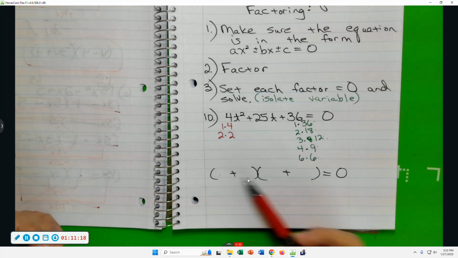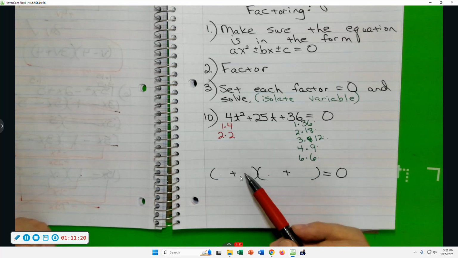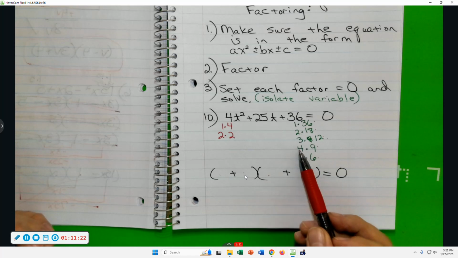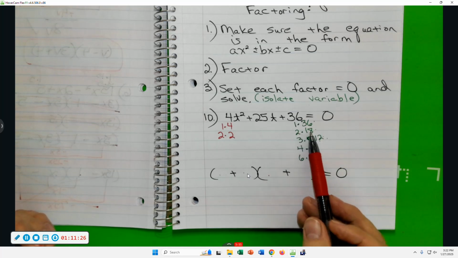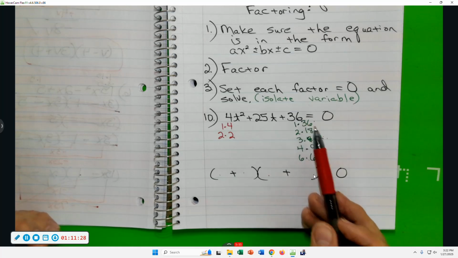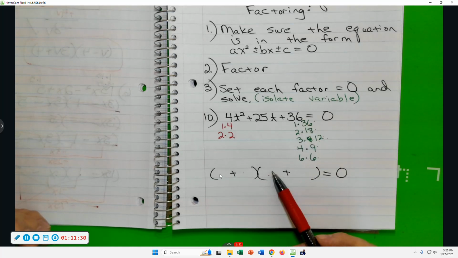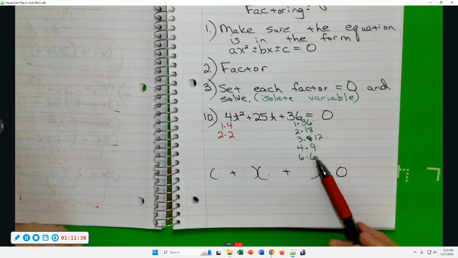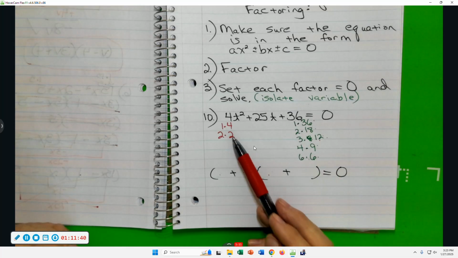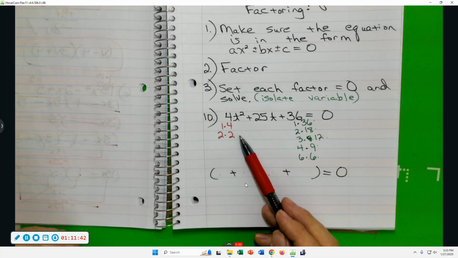If I put a 2 and a 2, I'm going to have to pair the 2 with a 6 or a 4 or a 12 or an 18 or 36. If this number is even, this number must be odd. We don't have a pair here that has two odd numbers. So by my logic, 2 and 2 cannot possibly work.